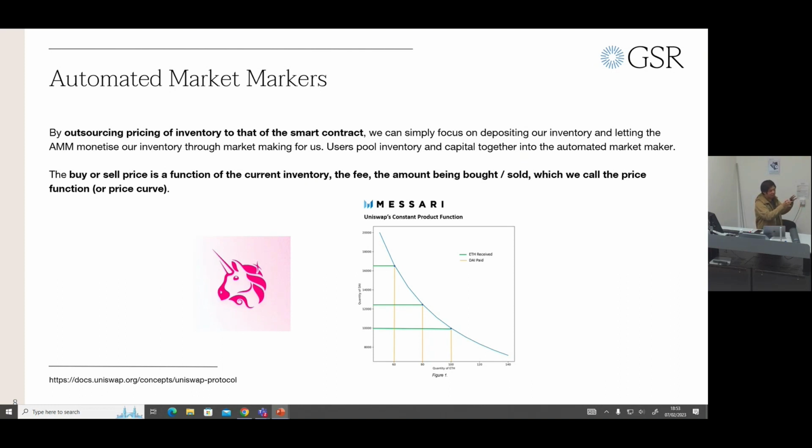Now it considers its reserves of ETH and USDC, and what it does is keep their product constant after that. And then it tries to calculate a price from that where it keeps the product constant.